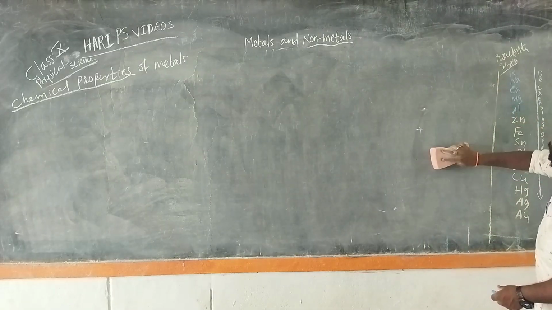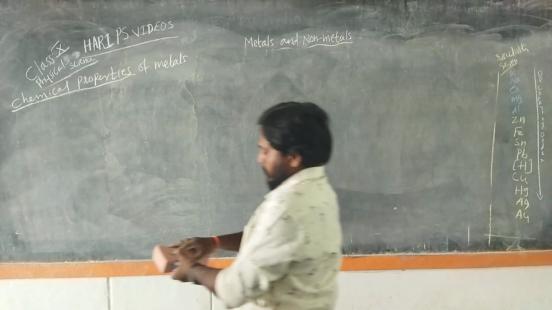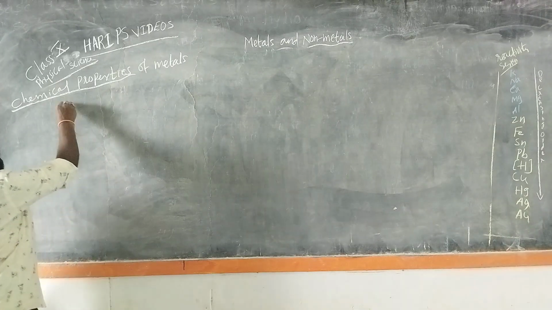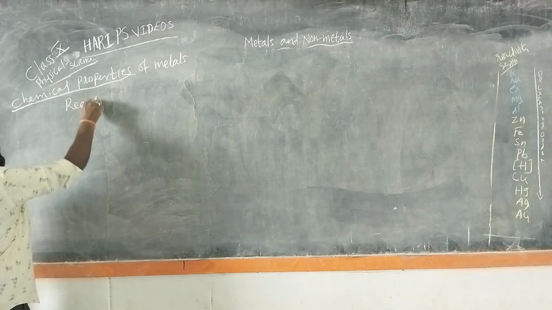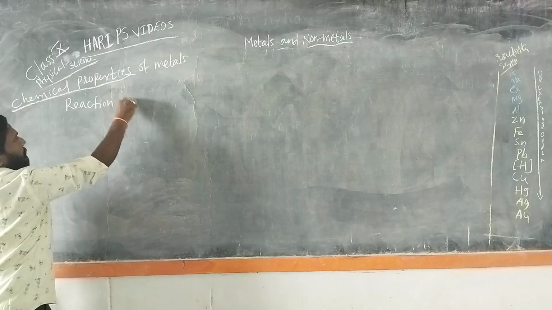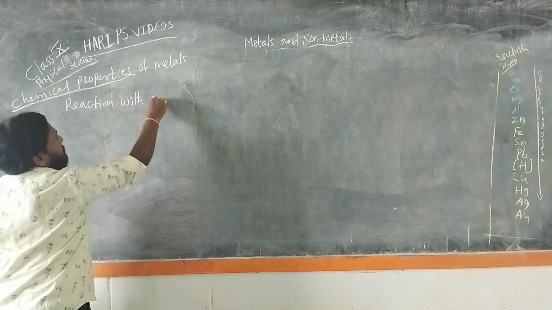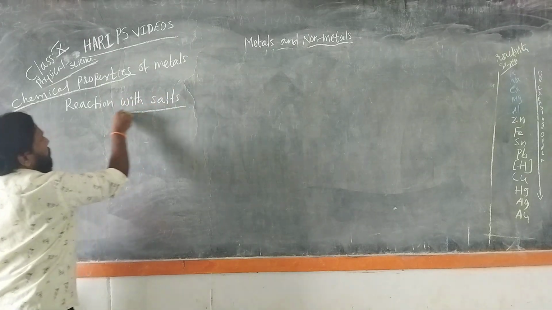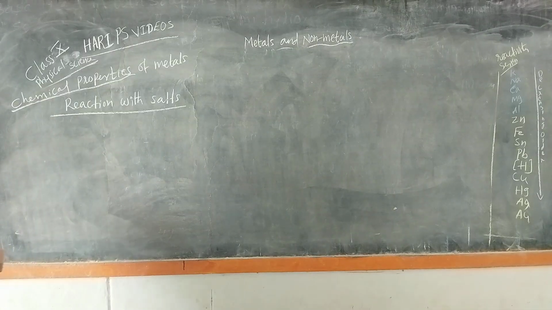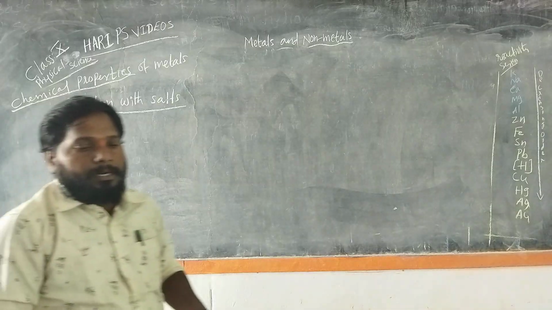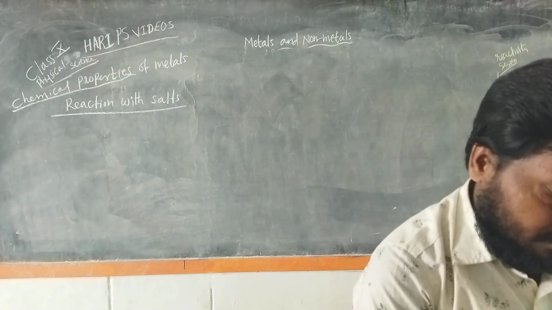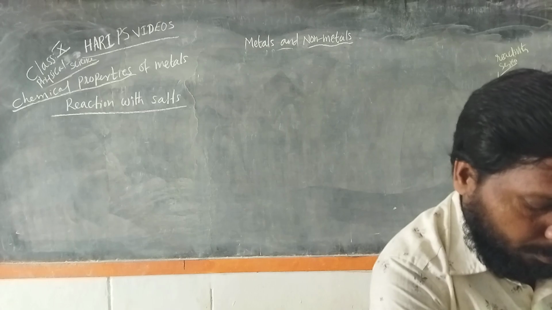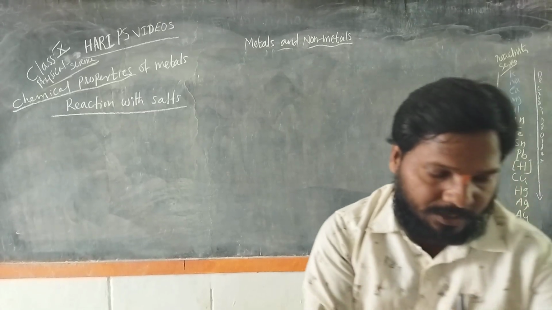I hope you understood this. Next one, reaction with the salts. What happens when metals react with chemical salts? Displacement reaction. Here we discuss the displacement reaction.